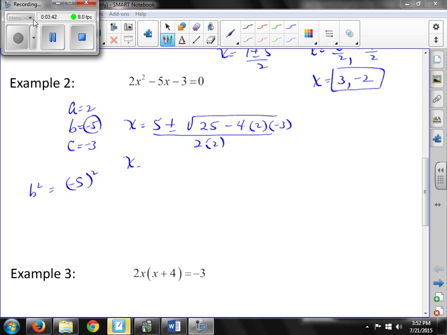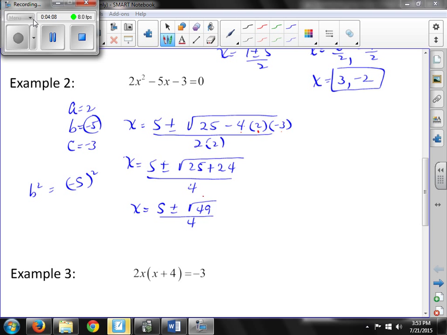So we have x is equal to 5 plus or minus the square root of 25 minus, let's see, negative 4 times 2 is negative 8, and negative 8 times negative 3 is positive 24, over 2 times 2, which is 4. So we have x is equal to 5 plus or minus the square root of 49 over 4.